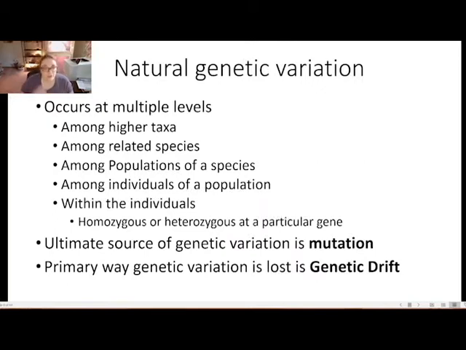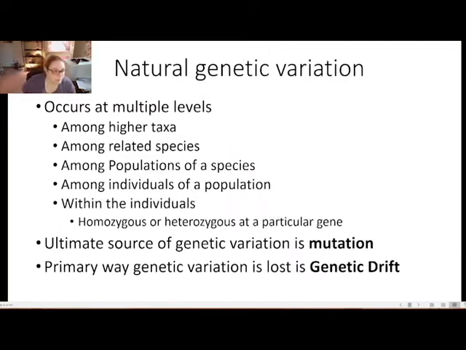So we mentioned homozygous or heterozygous. Each individual can be homozygous or heterozygous at a particular gene. And even with that, they could be homozygous for a different allele than another individual is.